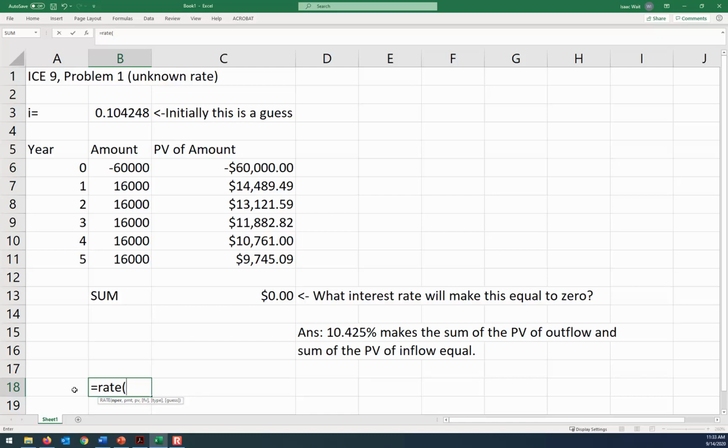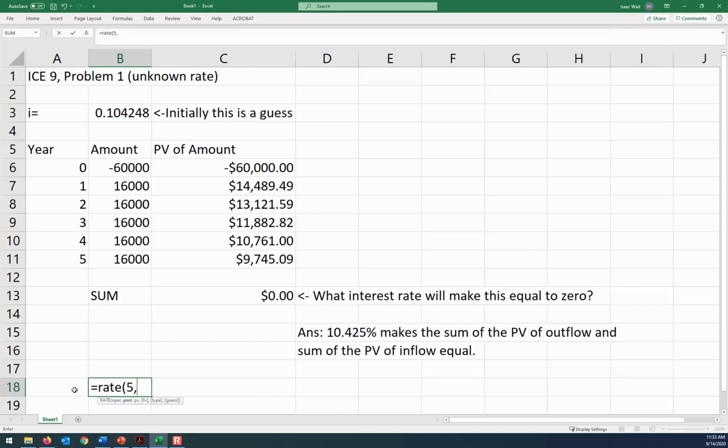So NPER, does anybody remember what NPER stands for? Number of periods. Good, that's exactly right. So in our problem, the number of periods is 5. So I can just type in 5.